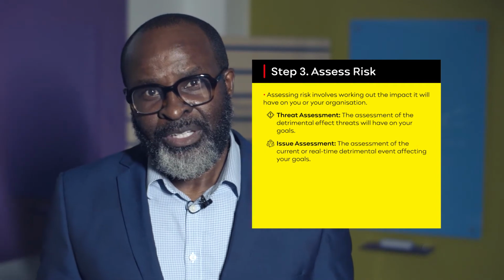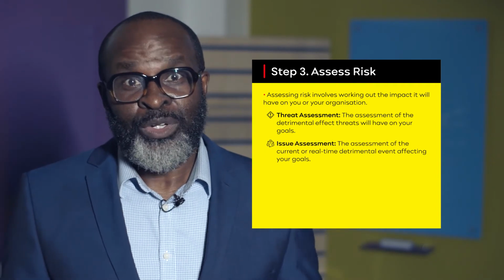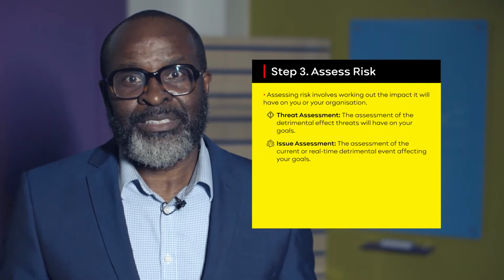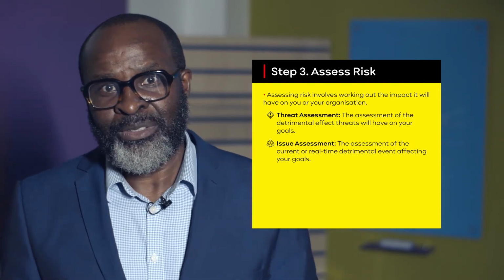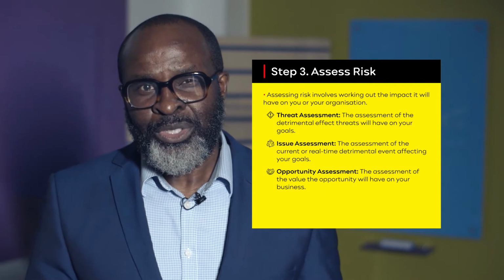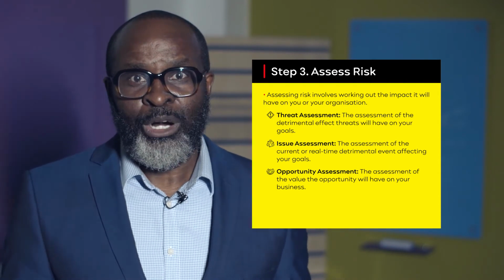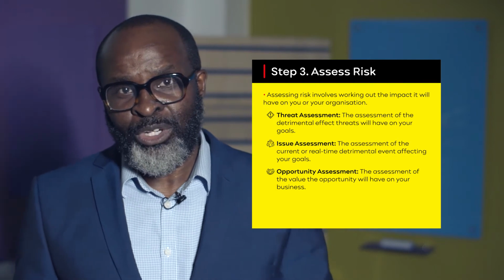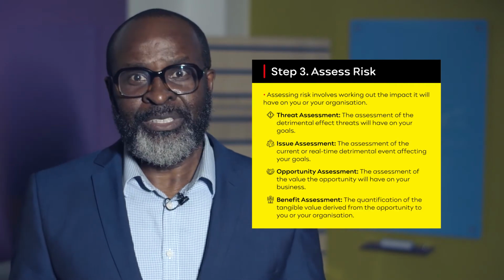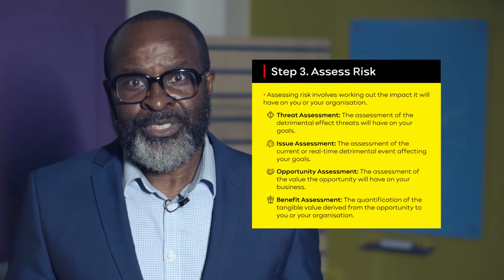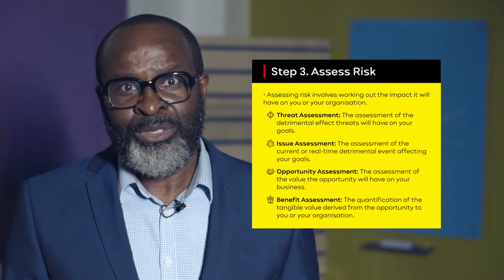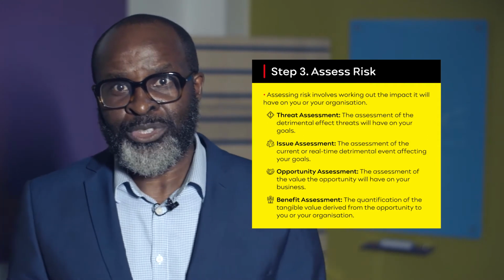Issue assessment. This is the assessment of the current or real-time detrimental impact an event is having on your goals. Opportunity assessment. This is the assessment of the value the opportunity you've identified will have on your business. Benefit assessment. This is the quantification of the tangible value you have derived from an opportunity.